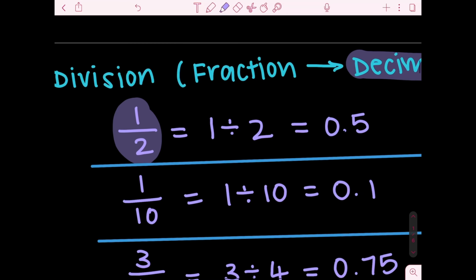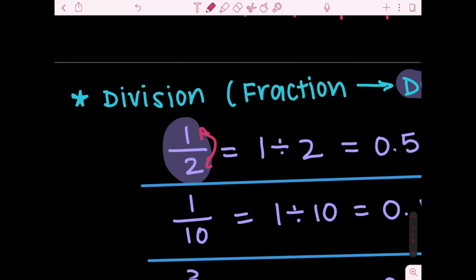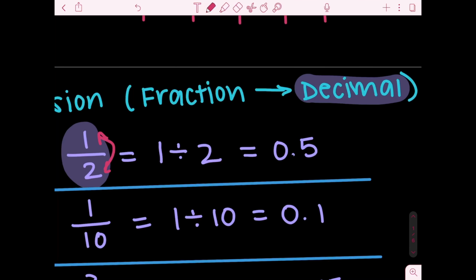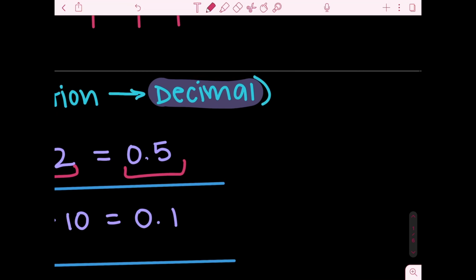So if we're dividing this fraction, the rule is that you always divide the denominator from the numerator. So it's always going to be x divided by y if your 1 was x and your 2 was y. So if we put this into a simpler form, we get 1 divided by 2. And then if you divide that, you get 0.5.